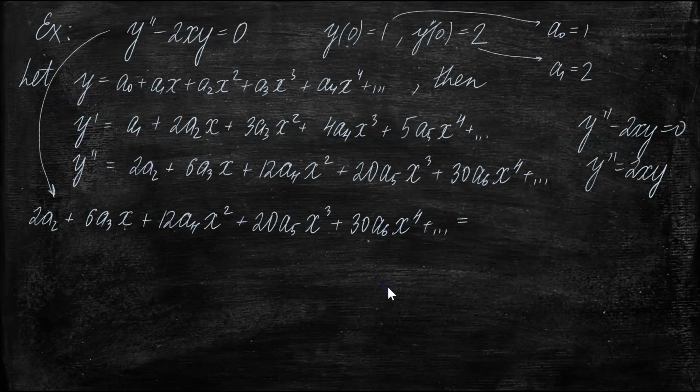So we're going to have 2x times a0 plus a1x plus a2x squared plus a3x cubed plus a4x to the power 4, etc. And we're going to simplify.